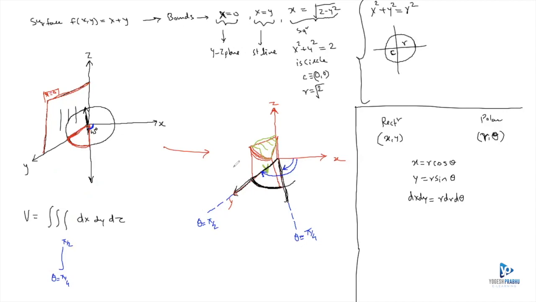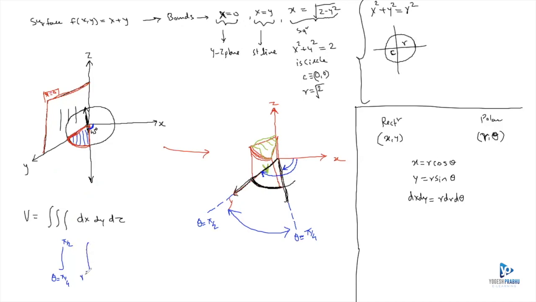And I already told you that this is going to be our base. On top of this base, you have this surface. The range of base is going to be from here to here. This is how theta is, right?